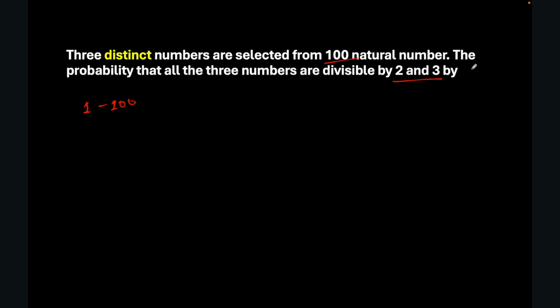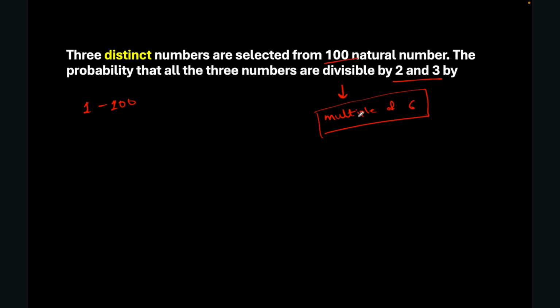Well, here's a trick: if a number is divisible by both 2 and 3, it's a multiple of 6. That's important to know, because that's going to save you loads of time.